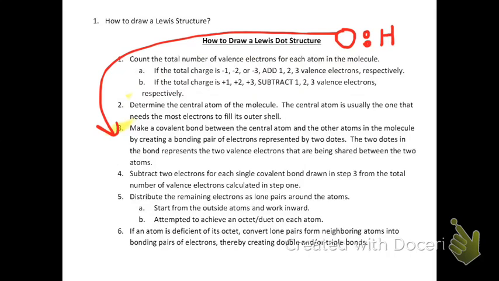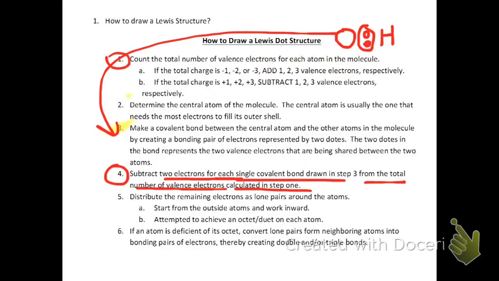Now, once you're done that, you go to step 4 and you're going to subtract 2 electrons from each covalent bond drawn in step 3 from the total number of valence electrons calculated in step 1. All right. So you're going to take all of the bonding pairs, or the bonding dots, and subtract it from our total number of valence electrons in the first step that we talked about there.